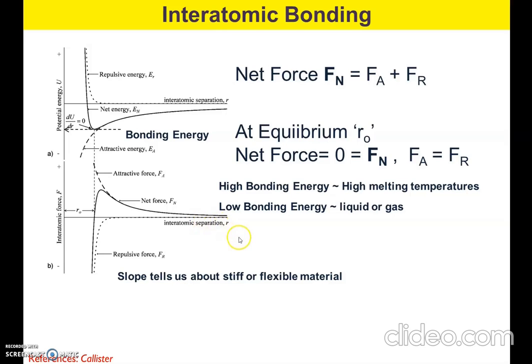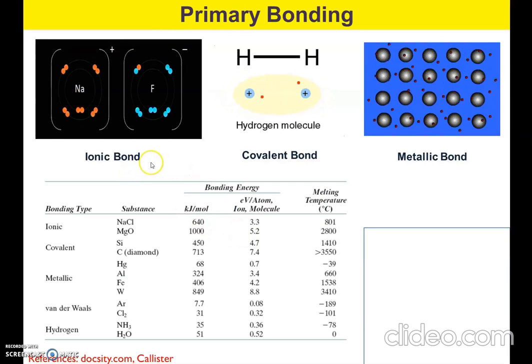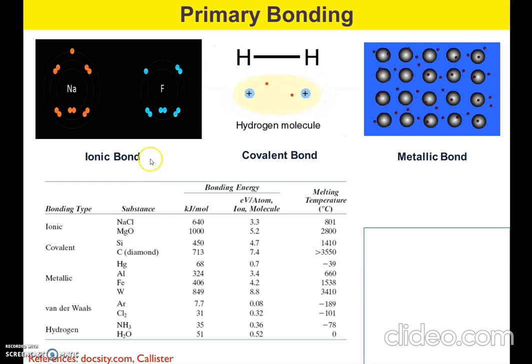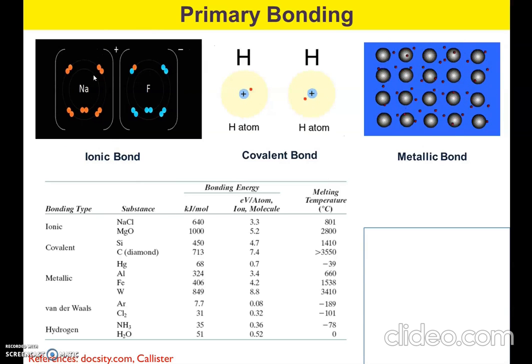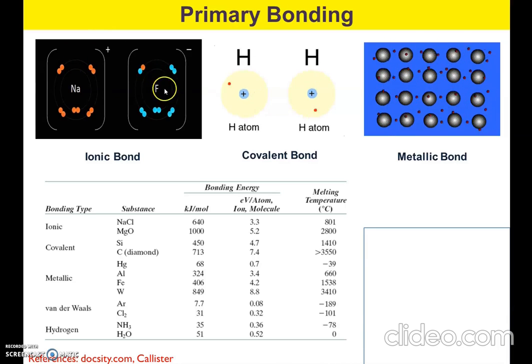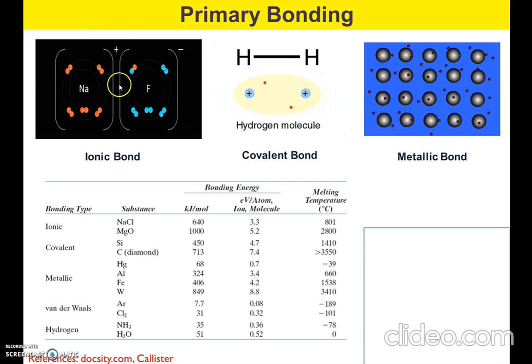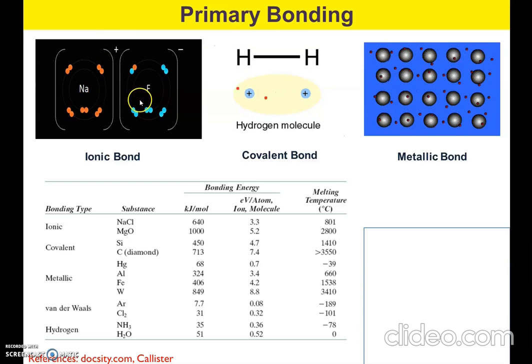Okay. So again, if we talk about bonding, we have different types of bonding that you might be familiar with. We have ionic bonding, where a metal may be in a favorable situation to give away one of its electrons to the neighboring atom, and in doing so both atoms attain a stable configuration.